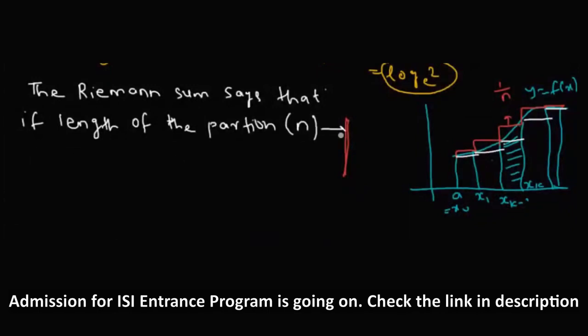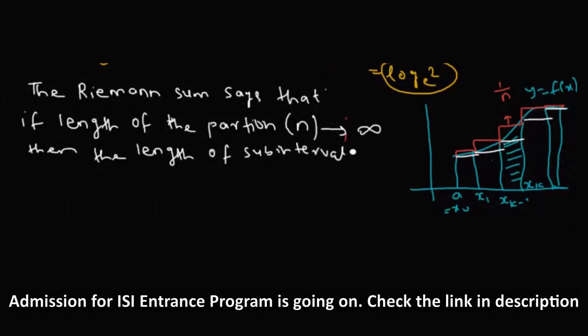If this n goes to 0, sorry, the number of partitions n goes to infinity, then the length of each subinterval is 1 by n, and it goes to 0.